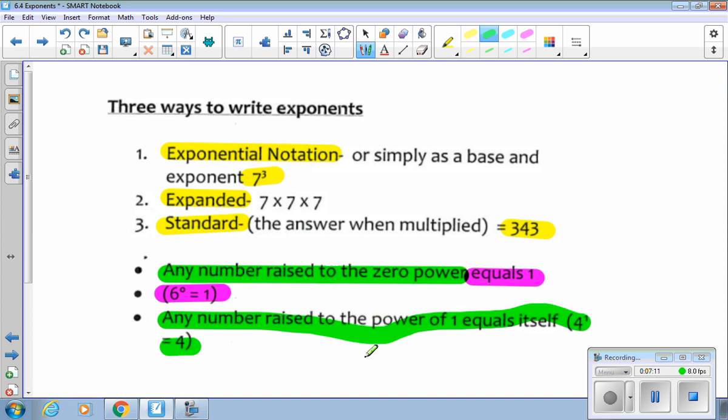So what it really is saying is 4 times itself 1 time, which would be just the number 4. All that can equal is 4. This again, if you put it in the calculator, it will always give you the original number itself.